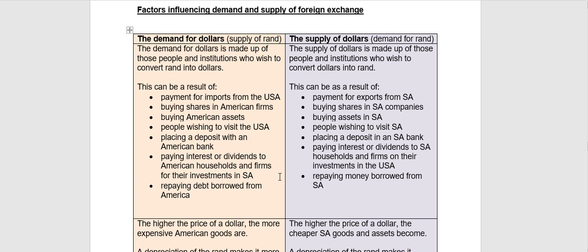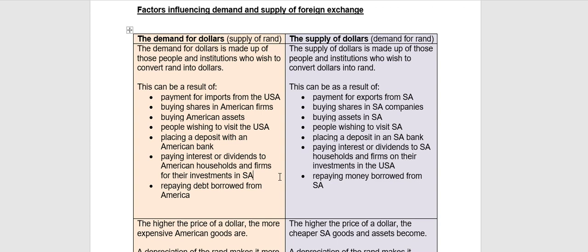The next reason, if I have to pay interest or dividends to American households and businesses for their investments in South Africa. This one you have to think a bit nicely. If there are American people that have deposited money in our banks and we now have to pay them interest on their positive balances, we have to pay them interest in dollars.